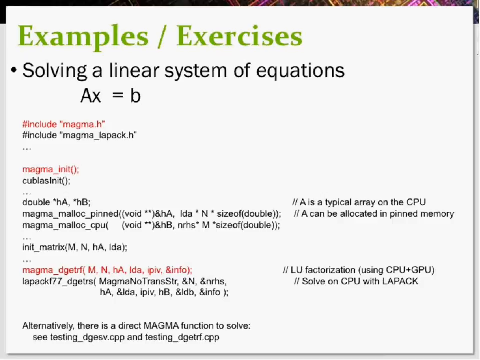Okay, so now to solve a linear system of equations AX equals B, what you have to do is just include those files, magma.h and magma_lapack.h, in your file. Somewhere you should call magma_init, and then this is how to allocate memory. Sometimes cudaMallocHost pinned memory is used for faster transfers. So this is how you allocate memory, and then this is your matrix.